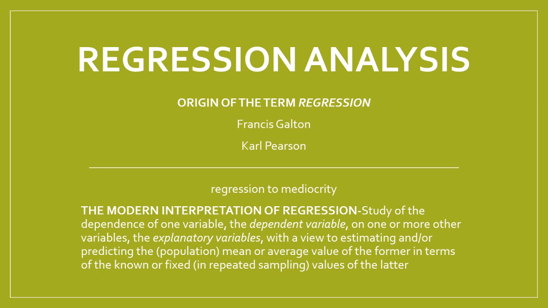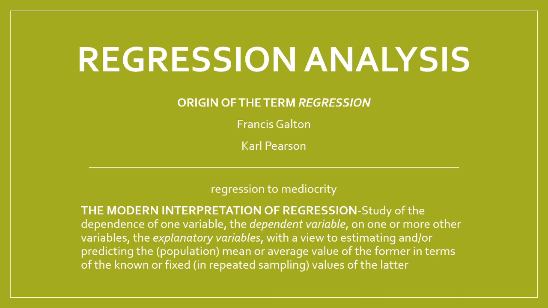We are estimating or predicting the average value of the dependent variable, not of the independent or explanatory variable, given one or more independent variables. This is the modern interpretation of regression analysis.